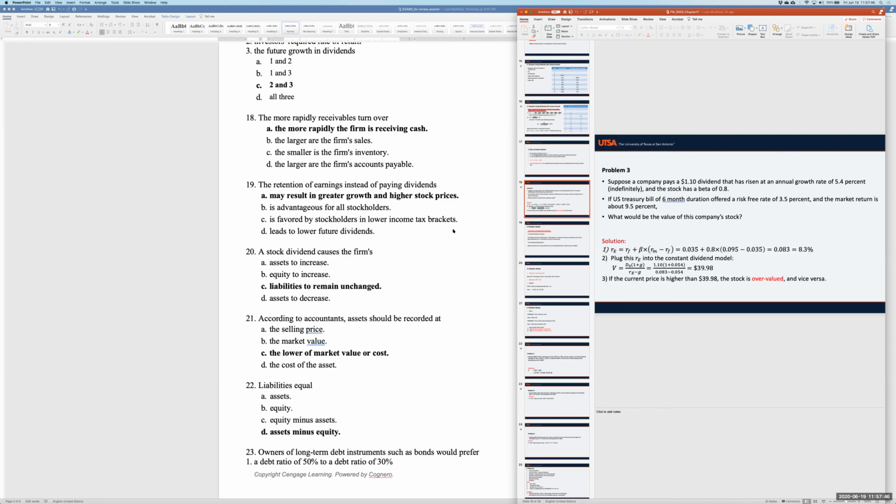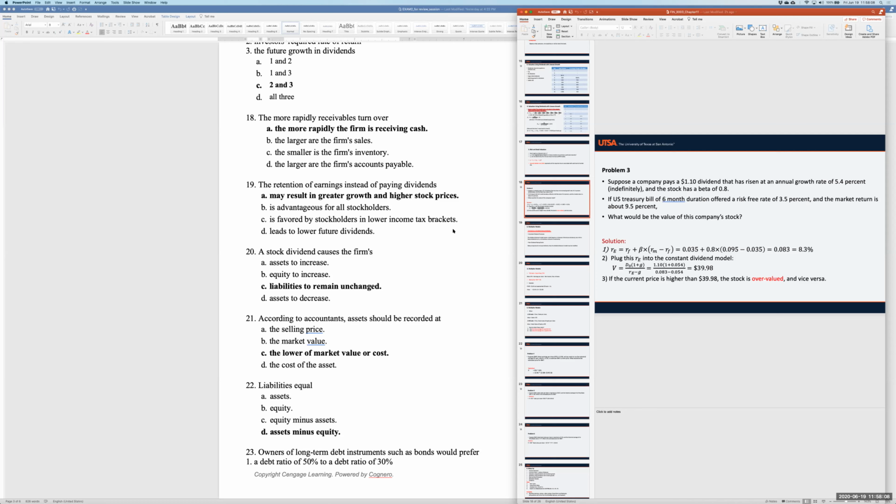Yes, that's correct, right? Let's go back. B, the larger are the firm sales, the more rapidly receivables turn over. What is receivables turnover? The receivables turnover equals annual sales over accounts receivable, right?